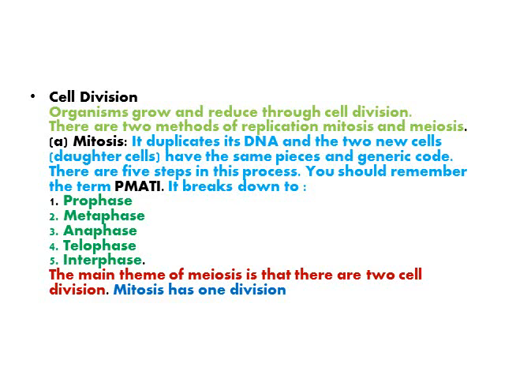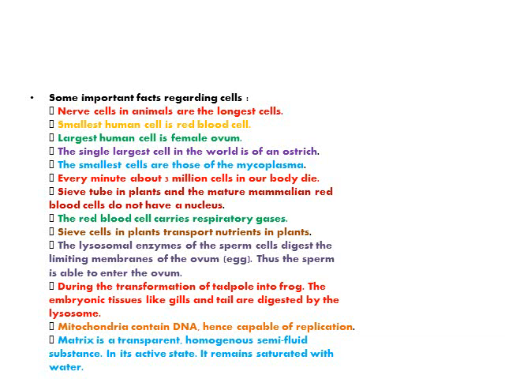Some important facts regarding cells. Nerve cells in animals are the longest cells. Smallest human cell is red blood cell. Largest human cell is female ovum.